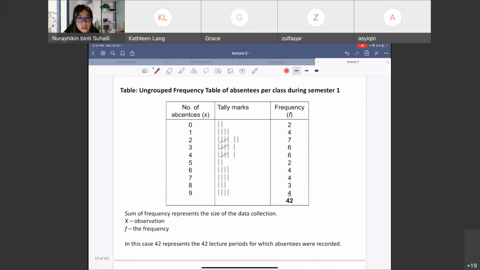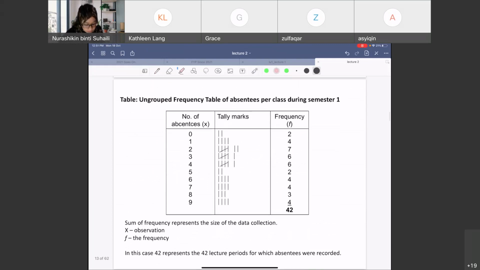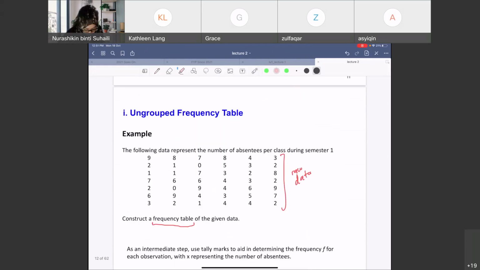For example, we can create a table consisting of, okay, what does this one talk about? Before you analyze the data, you have to know what the data is about. Okay, this data is about the number of absentees per class during semester 1.